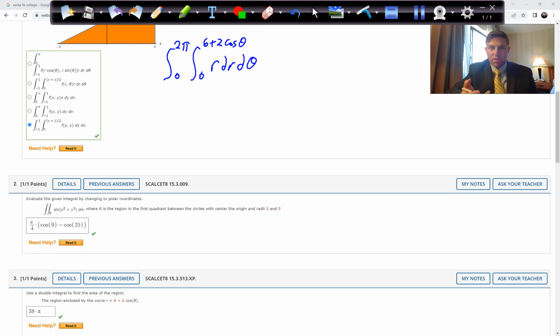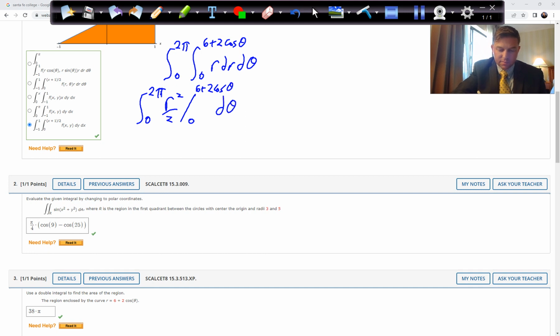In polar, with no function, you write r dr d theta. Okay, so the first thing we're integrating with is r, so this is going to be 0 to 2 pi. The antiderivative of r is r squared over 2, evaluated from 0 to 6 plus 2 cosine theta, and then it's d theta.